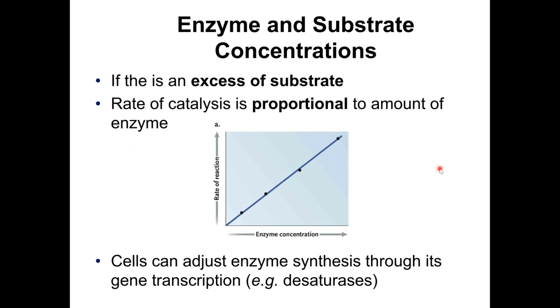You can imagine how fast A is converting to B, which refers to the rate of the reaction, how many molecules are converted per unit of time. It's like a speed. How fast A is converted into B will be proportional to the amount of enzyme you have in there. There's actually a direct relationship if you have unlimited substrate.